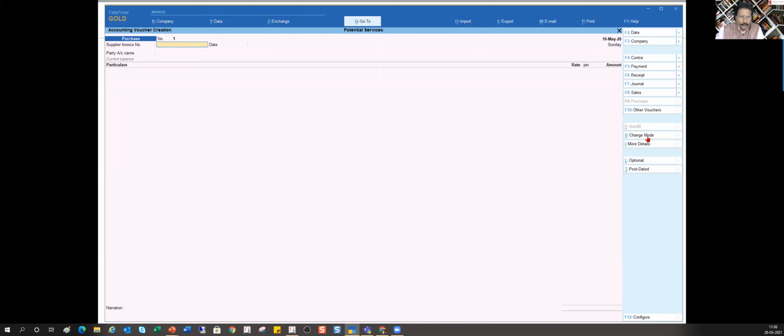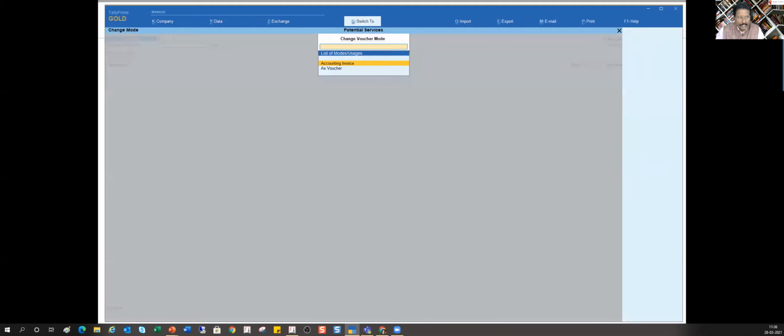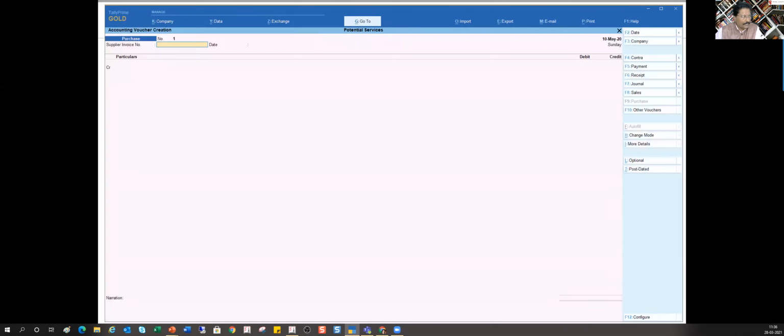So again, I'm going to come here on the right hand side button bar where there is this change mode. I'm going to press Control H for change mode. Control H, and here you see you have this accounting voucher and the as voucher. So I'm going to select as voucher, which is where we are comfortable, credit, debit.